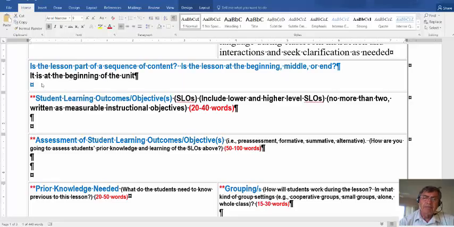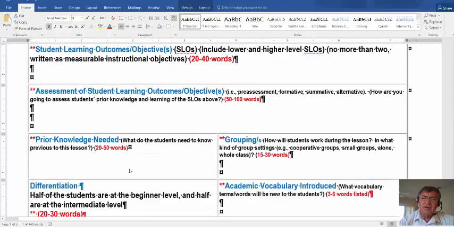Okay. I'm not so interested in how you're going to assess students' prior knowledge and learning of the SLO. The learning, yes, but the prior knowledge, you can get some of that during your formative assessment, perhaps. But the learning of the SLO above, that's more the summative.